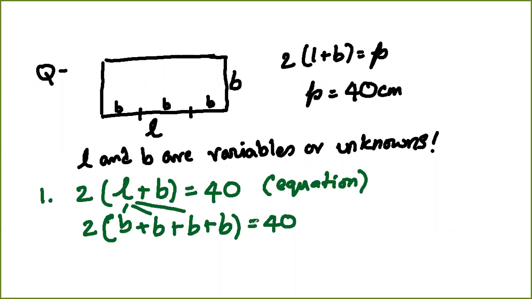So Mudit is saying, why are you writing B plus B plus B plus B when it should be just L plus B? But what we are saying is that L is actually nothing but B plus B plus B. So why can the perimeter not be written as B plus B plus B plus B, multiplied by 2?